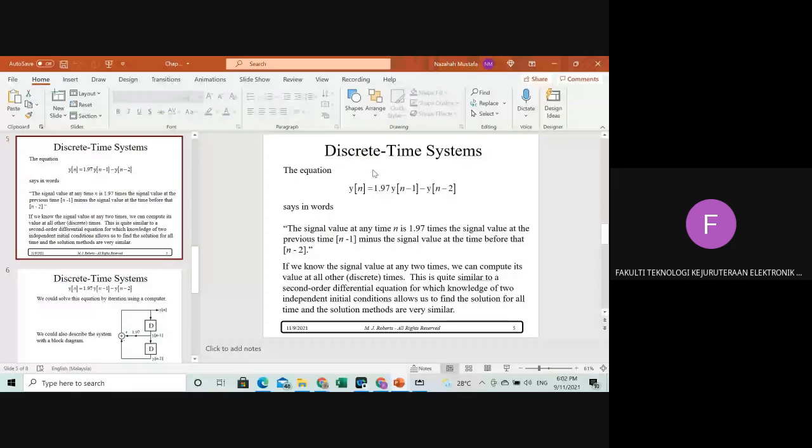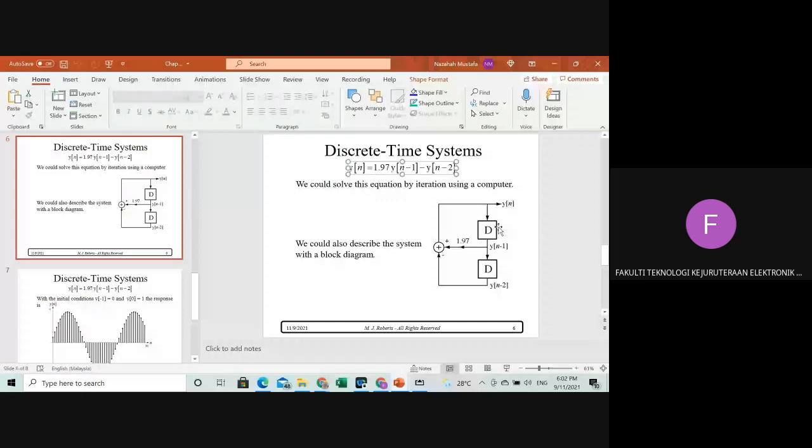The discrete time system can also be described using a block diagram. If you have this difference equation, you can draw it as a block diagram. See here, the output is y(n), it goes into one delay, and when it comes out of this box, you have y(n-1). Then times this constant 1.97.